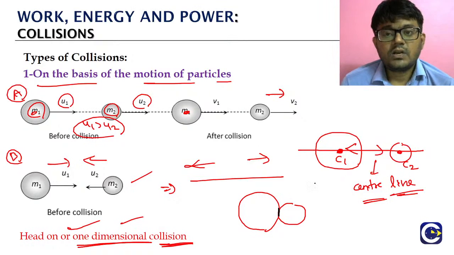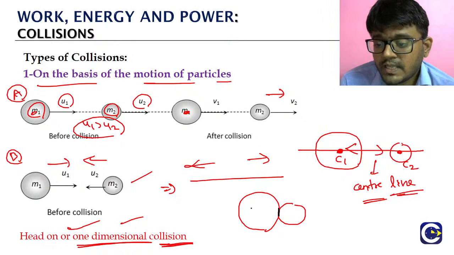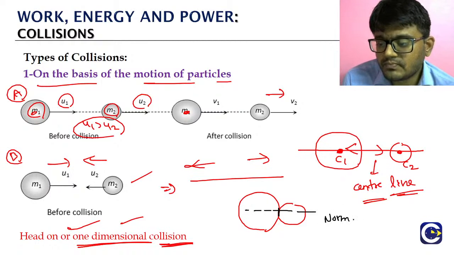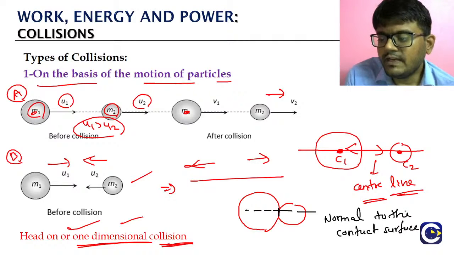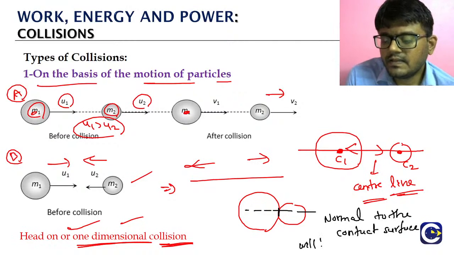The normal to the contact surface will be the line of velocities.